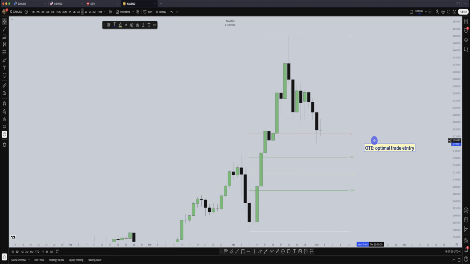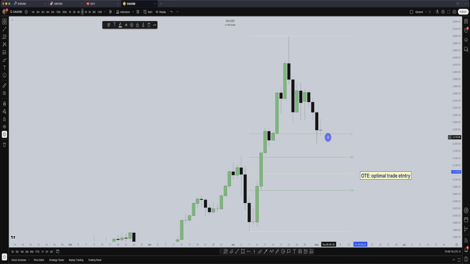From here to here, this area is the optimal trade entry. That means that we can have this in mind. So when price retraces to this area, we can zoom in and wait and search for a setup to form. Okay, so this is an area to have in mind.